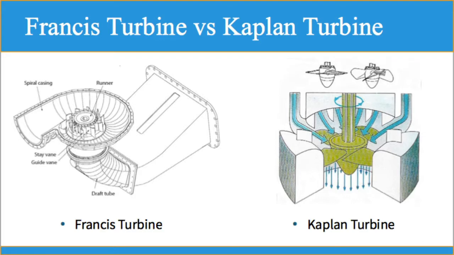And here is a closer look at these two turbines mentioned before. The Francis is on the left. The water goes through the left side of the image, spirals through this turbine that's spun, and the water is then sent down out the tail race. Now you can see the water goes from a horizontal to a vertical motion. So that right there is the design flaw, or not best, because some of the energy is lost by doing so.